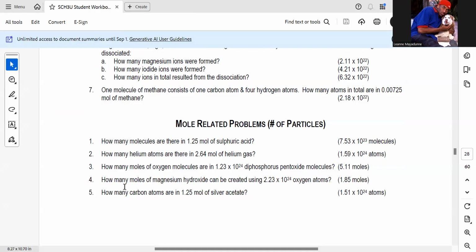And a molecule is made up of two or more atoms.